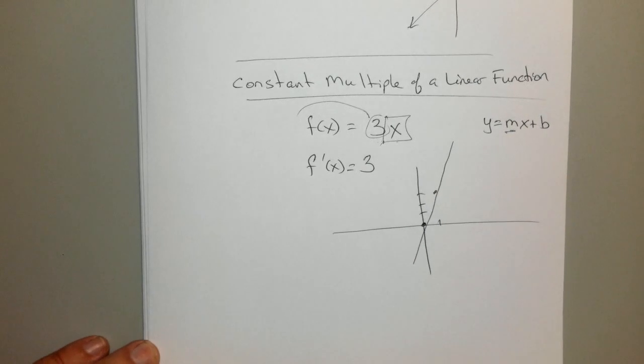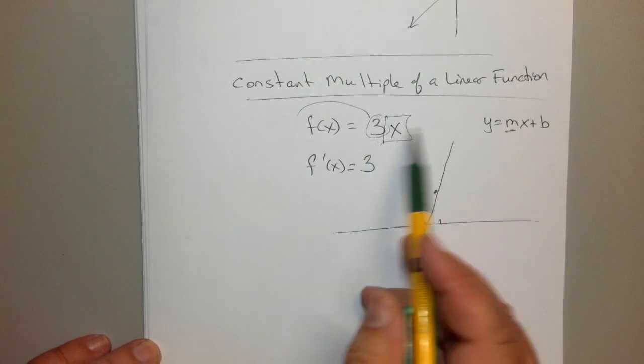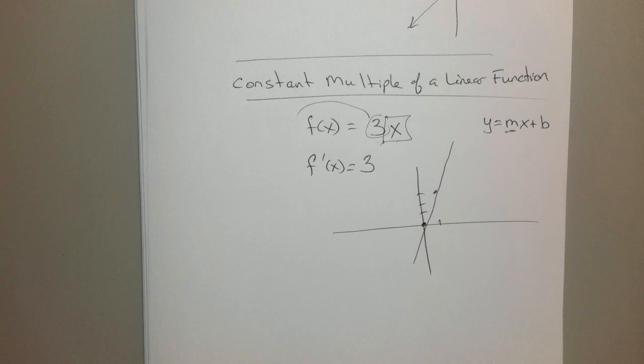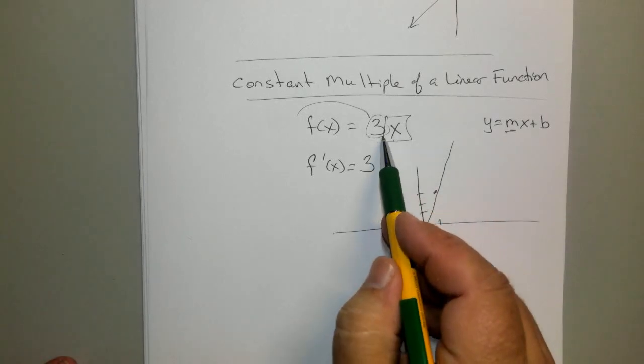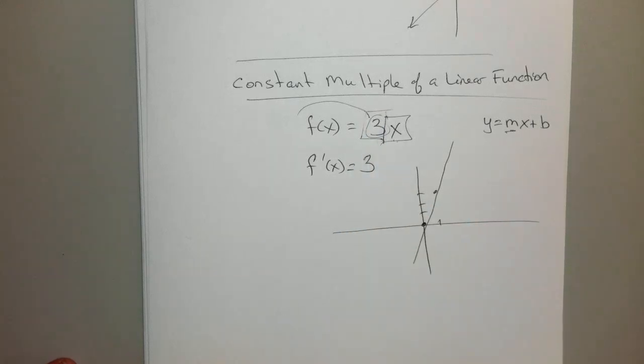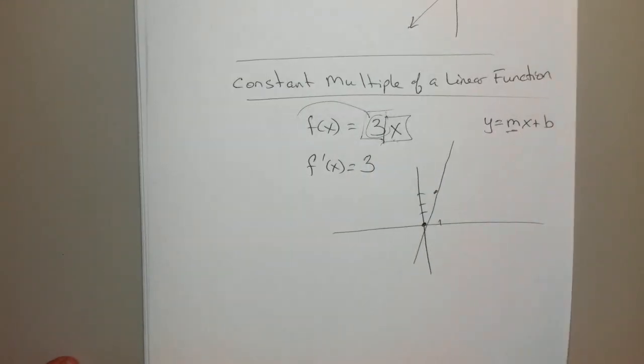What's the derivative of x? 1. So 3 times 1 is 3. Pretty straightforward. See, it beats doing that limit as h goes to 0 by 1,000,000%. So if you have a linear equation, the slope is whatever the coefficient is. So far so easy?